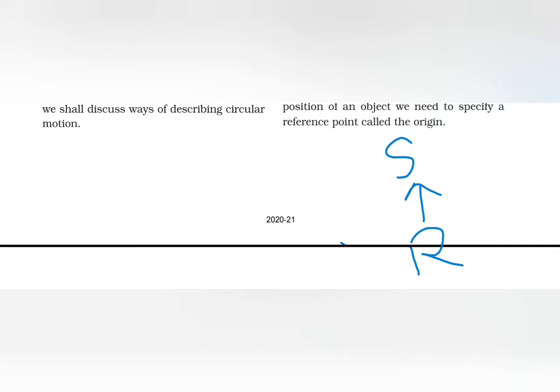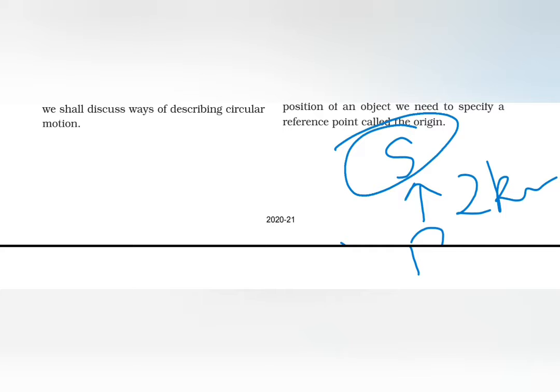The school is situated 2 kilometer north of the railway station. So here what it is trying to say is that we are expressing the location of the school with respect to the location of the railway station. And so the railway station here is acting as the reference point.